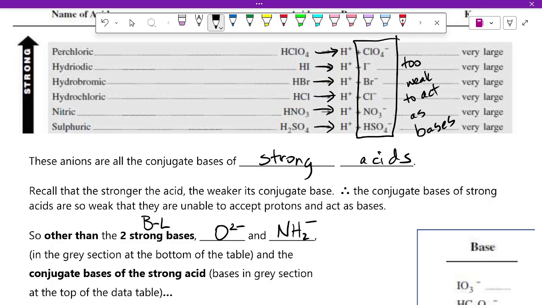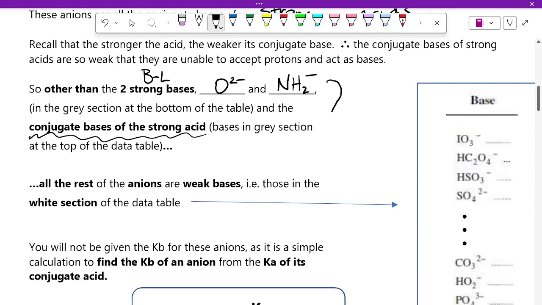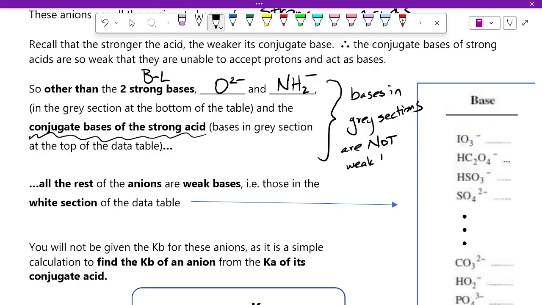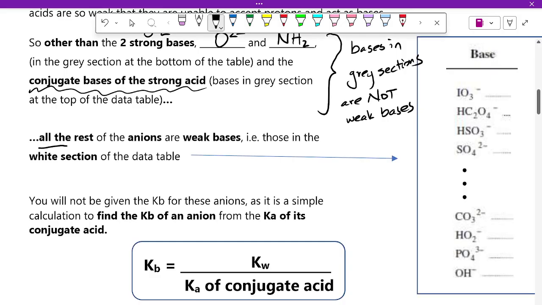Other than those two, and the conjugate bases of the strong acids, so any bases that are in either of the gray sections, all the rest of the anions are weak bases. In other words, the ones in the white section.